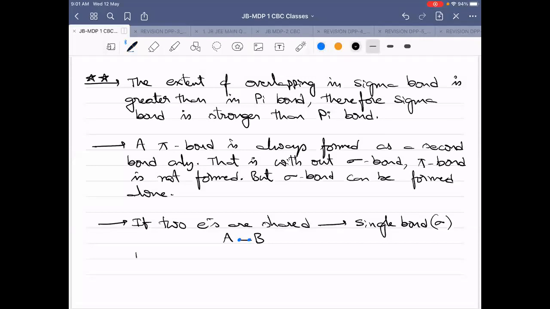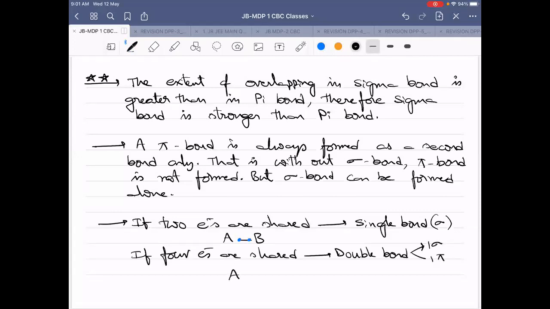If four electrons are shared, then it will be a double bond, one sigma and one pi bond.